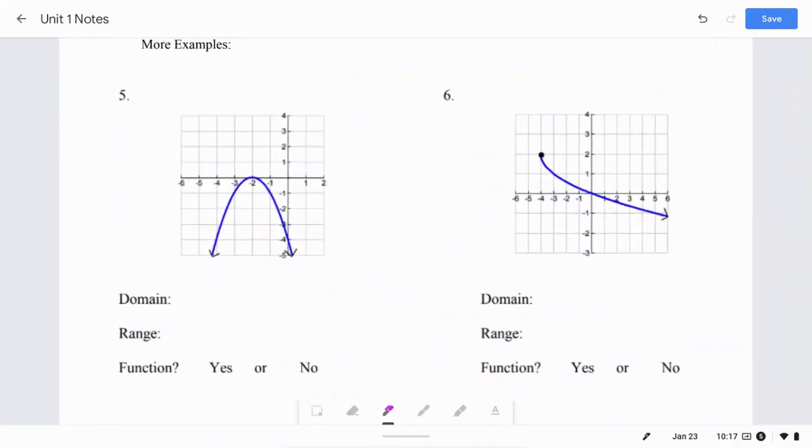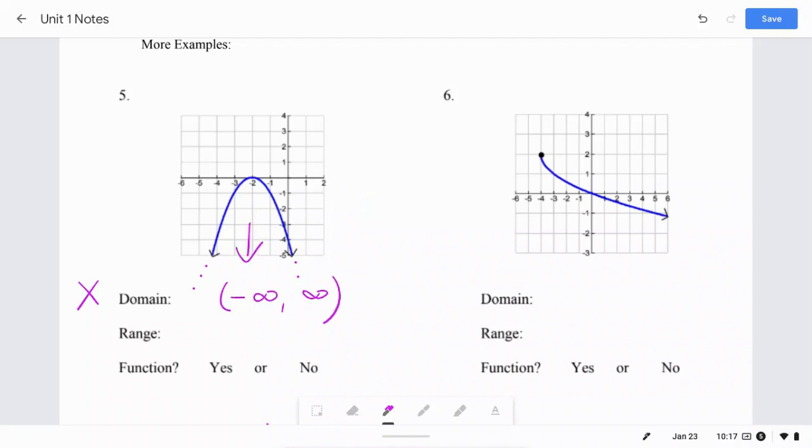So for number 5, how far to the left is this graph going? Well, since there's arrows, it's going to keep getting wider and wider to the left. So it's going to go forever towards negative infinity. And same thing on the right-hand side, it's going to keep getting wider and wider, so go forever to the right, which is towards positive infinity. How far down is this graph going?